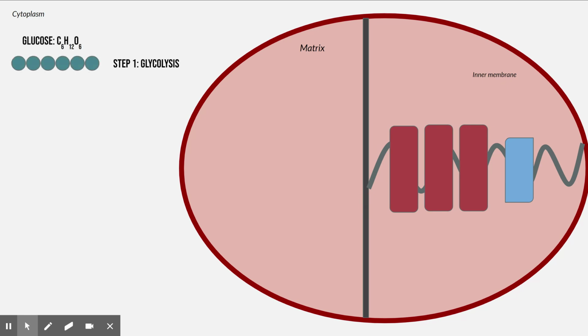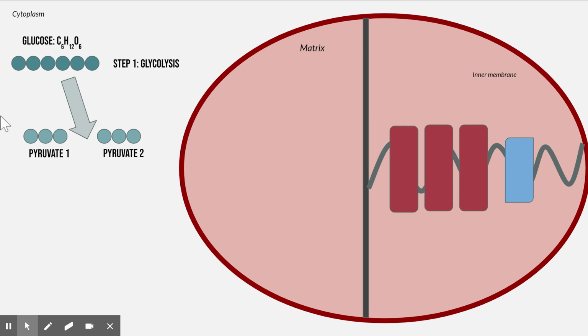Glucose is C6H12O6. Here I've drawn the 6 carbons that make up glucose. I know it has 6 because C6, 6 carbons make up glucose. During glycolysis, this glucose is converted into 2 pyruvate molecules.